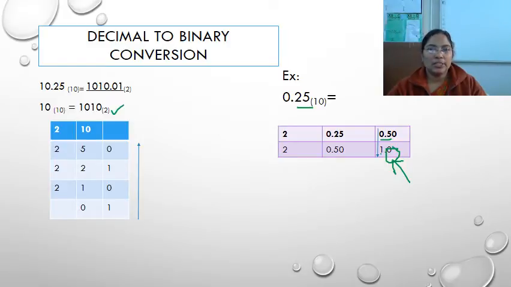So 0.25 is 01, and the integer part is 1010. So 1010.01 is the binary equivalent of the decimal number 10.25. Is it clear?